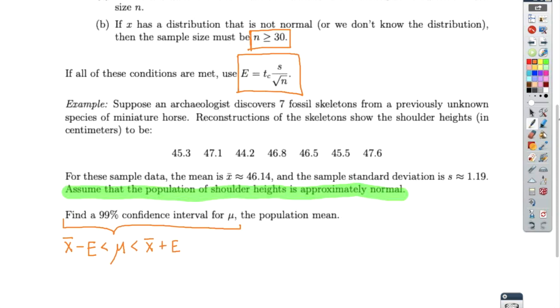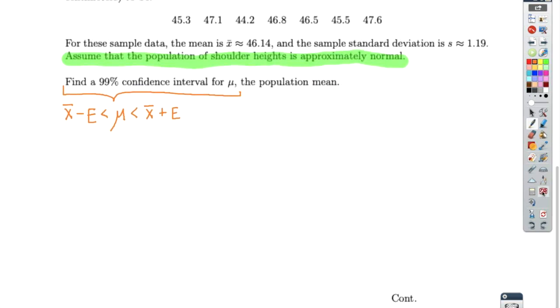Now, you probably already know what we're going to do in this section because it's the section about not knowing sigma. But in general, you'll have to figure out which situation you're in. So here's a little decision tree. The question that you'll always ask yourself on these problems is, do we know sigma?